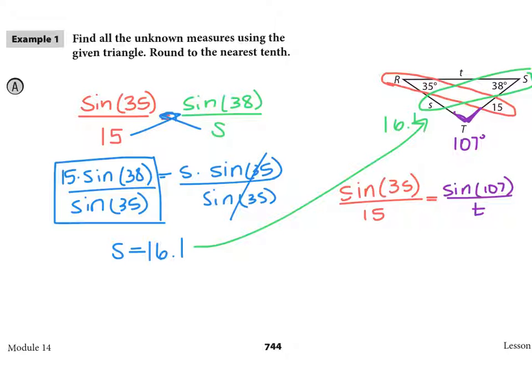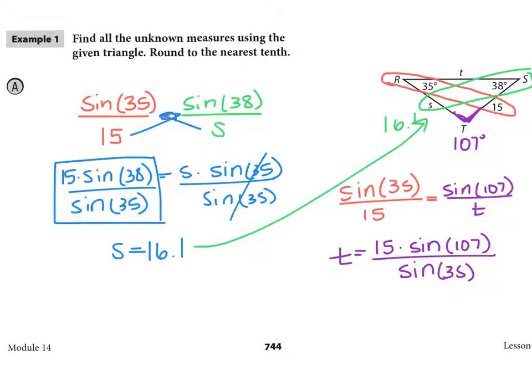And using that, I can kind of shortcut and know that t is going to equal this same setup, 15 times, this time I know it's the sine of 107 instead of 38, over sine of 35. So notice I'm looking at what I have in the box here, and just matching that same setup, because it's set up the same other than the fact that the measure of angle 38 has now become the measure of angle 107.